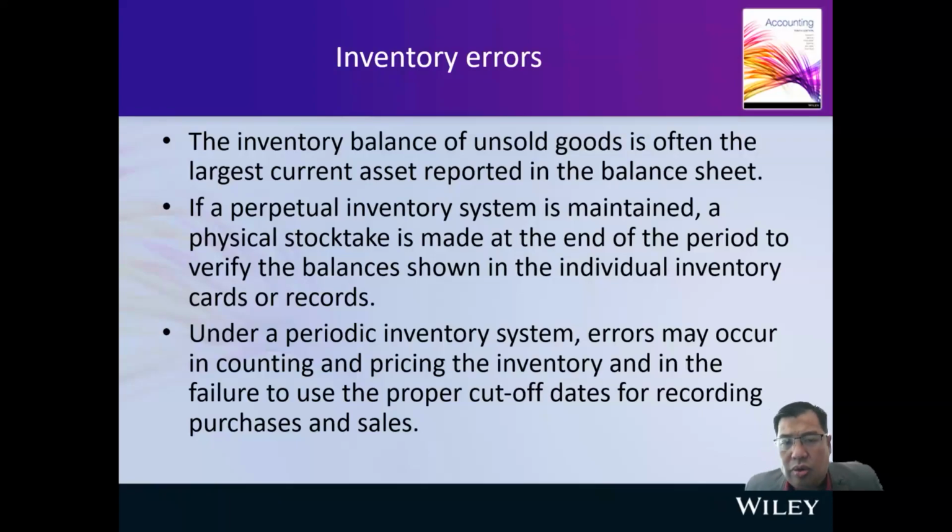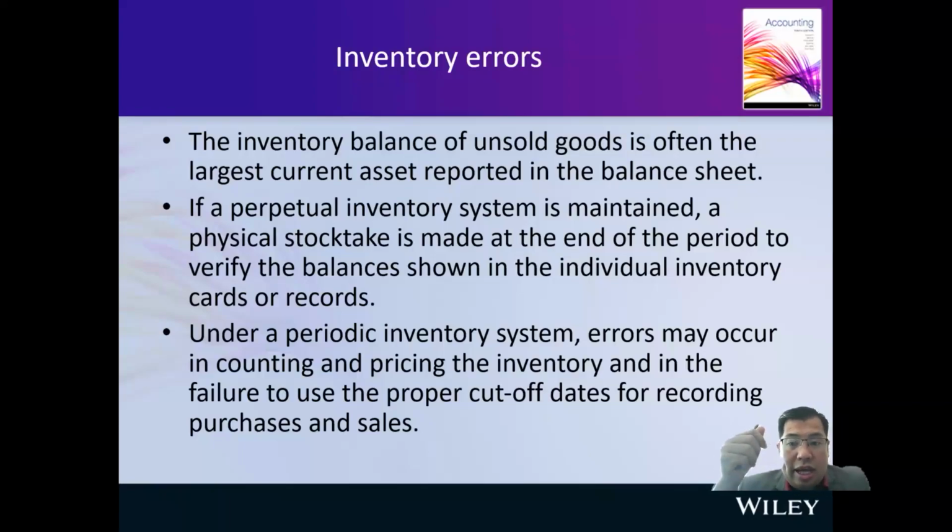Normally what accountants do is they will print the inventory list, the blank inventory list without quantity, and then they will pass it to a group of employees or maybe a third party sometimes, and ask them to go and count the quantity of the items.